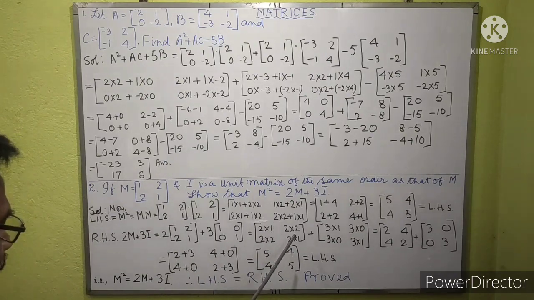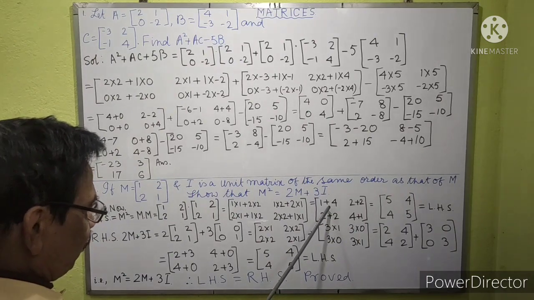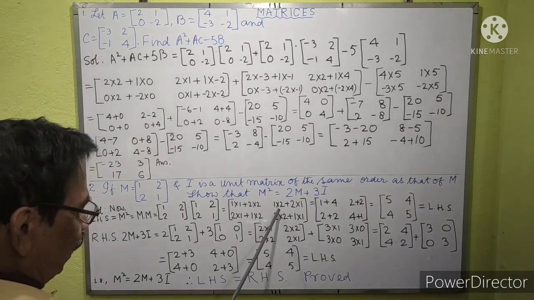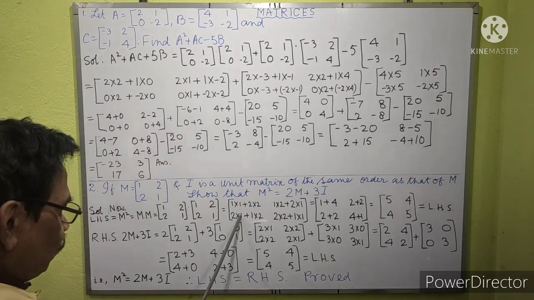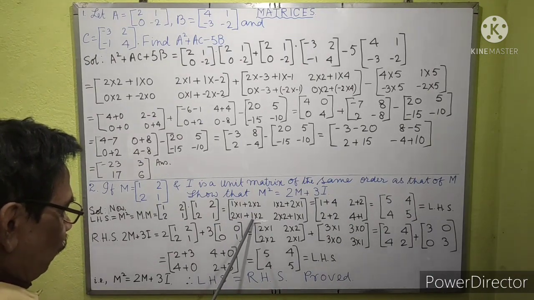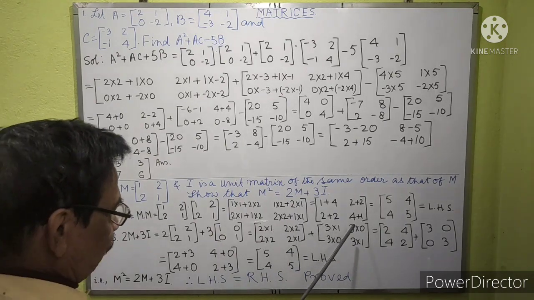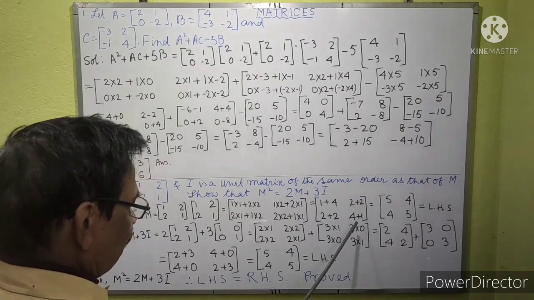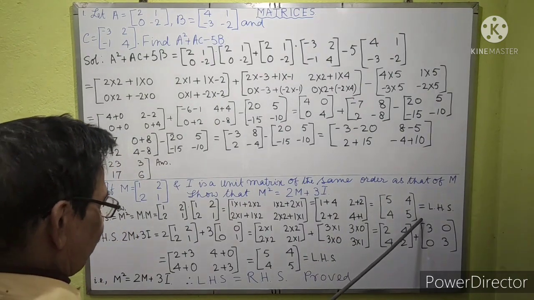Multiplying these we will get 1 into 1 and 2 into 2, that is 5, and 1 into 2 plus 2 into 1, 2 plus 2, 4, 2 into 2 4, 1 into 1 1. Adding this we will get 5, 4 and 4, 5. This is left hand side.